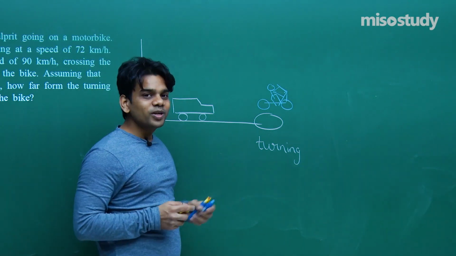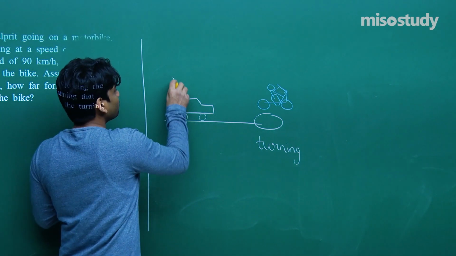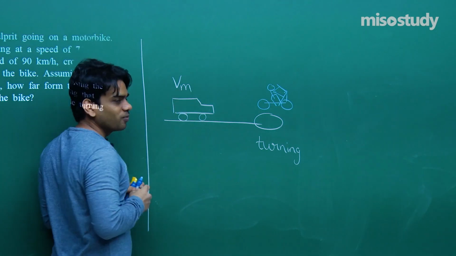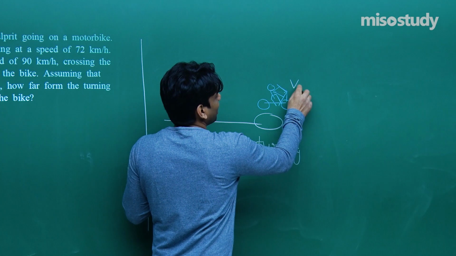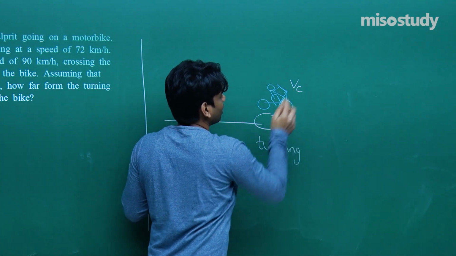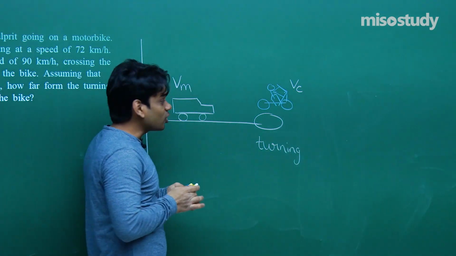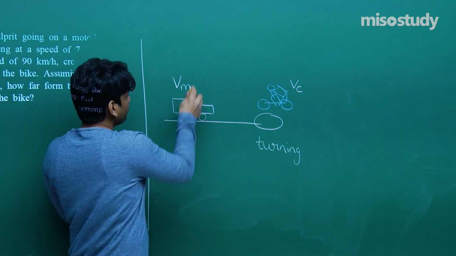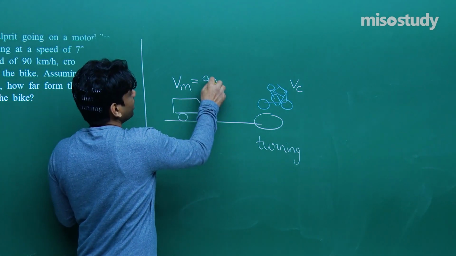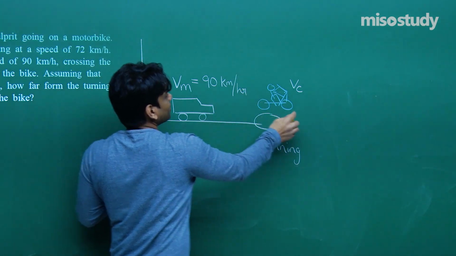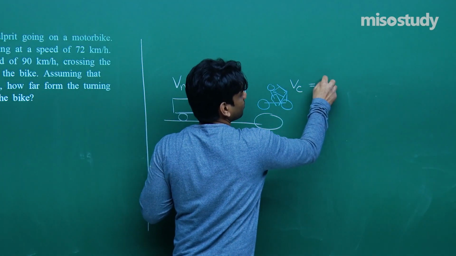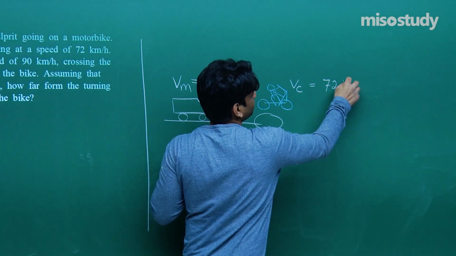Now this policeman I am depicting by VM, the man, and let me depict the culprit, the thief, as VC. Each of the speeds is given: this is 90 kmph, and this is given as 72 kilometer per hour.